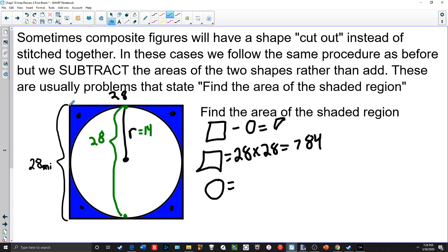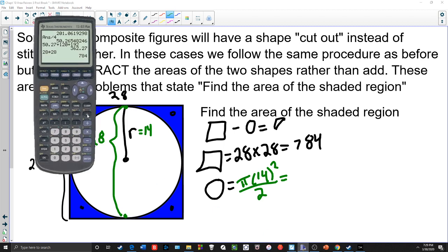So basically, the side of the square gives you the diameter, not the radius. So this is going to be pi times 14 squared divided by 2. And if we do that here, pi times 14 squared divided by 2, we get 307.88.